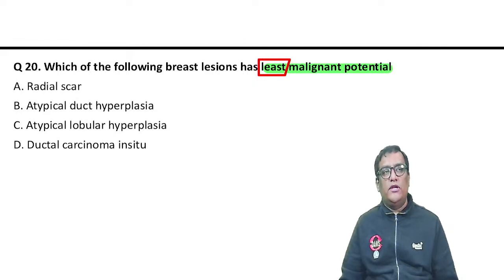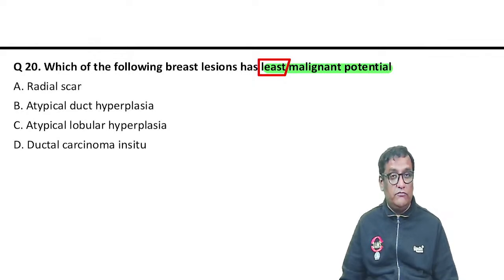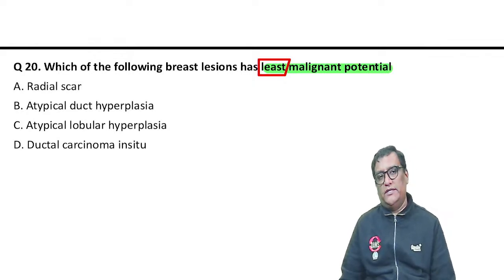Proliferation with atypia would be the highest pre-malignant, then without atypia would be lesser pre-malignant, and non-proliferative the least, isn't it?